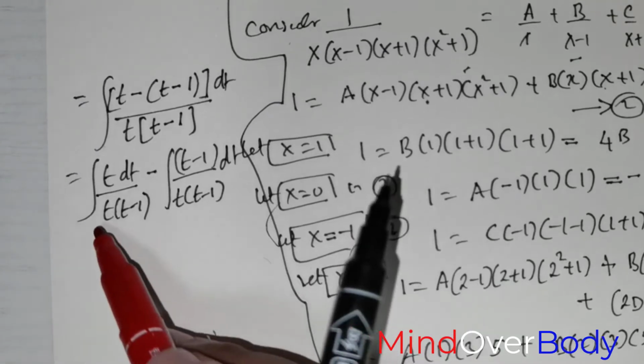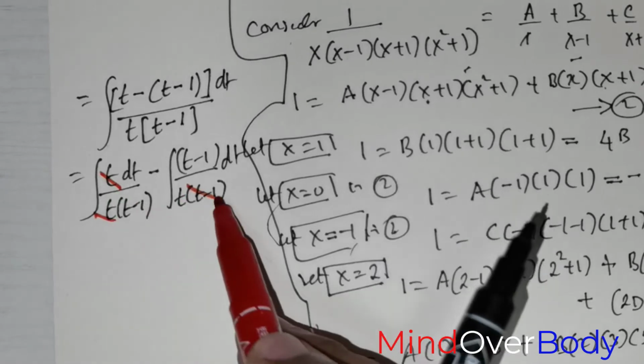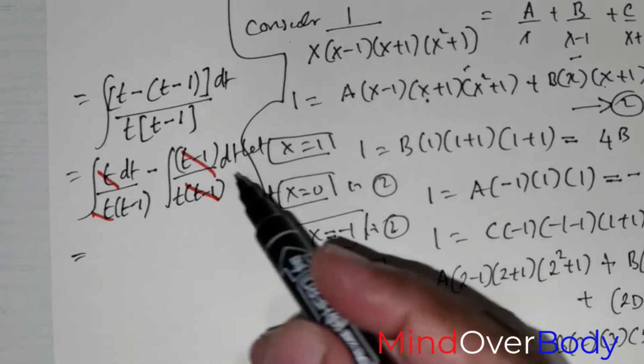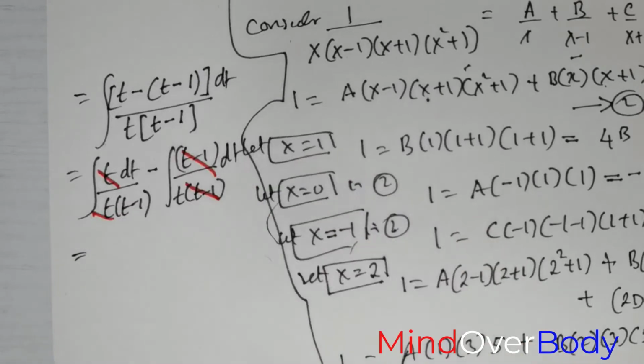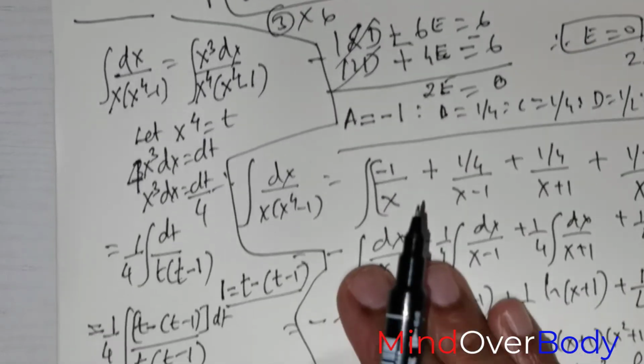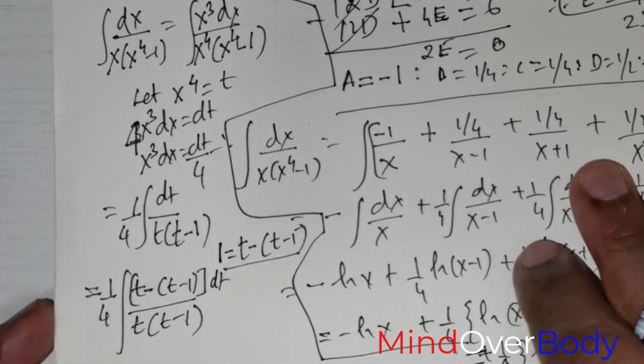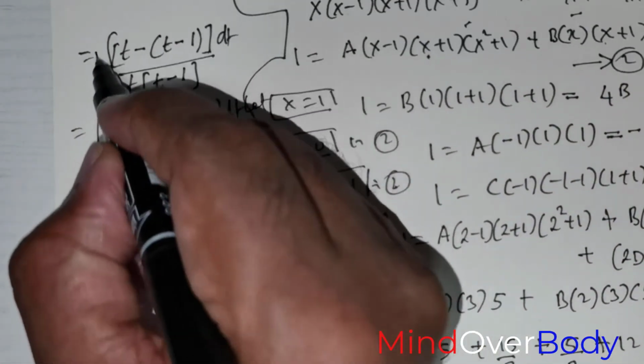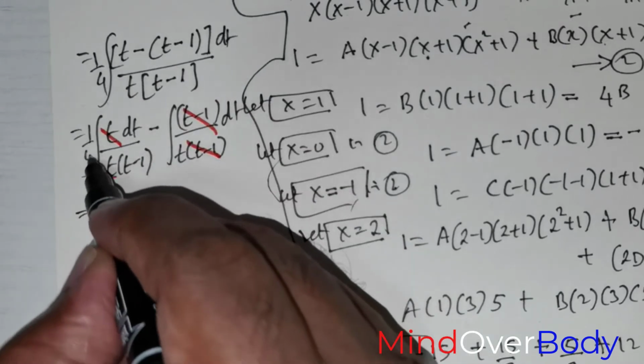So clearly t can be cancelled here, t minus 1 can be cancelled here. Of course, this entire quantity has got 1 over 4. We shouldn't forget that 1 over 4, so that has to be placed here.